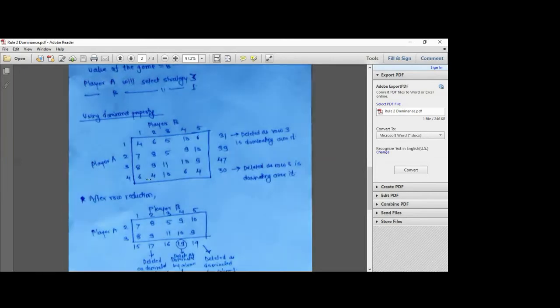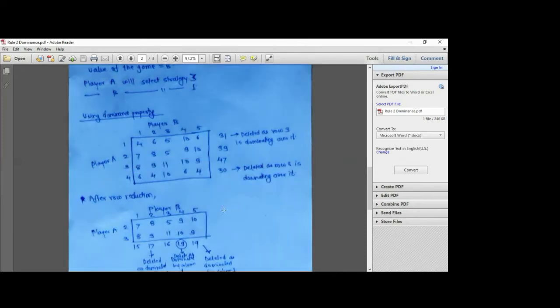So this row is acting as a dominated row and we have to delete it. I have stated here, deleted as row 3 is dominating over it, right? So I have deleted this row.